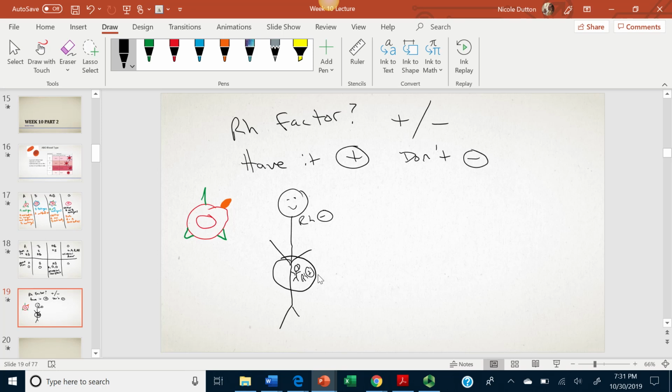So we call that erythroblastosis fetalis. And again, that's when an Rh negative mom is pregnant with an Rh positive baby. The mom's antibodies will attack the baby's blood.